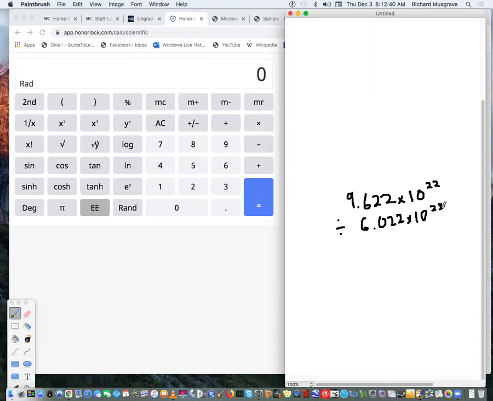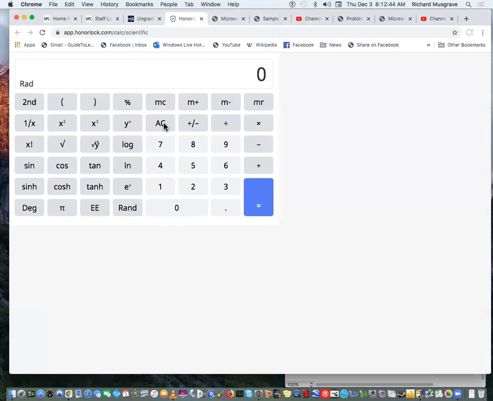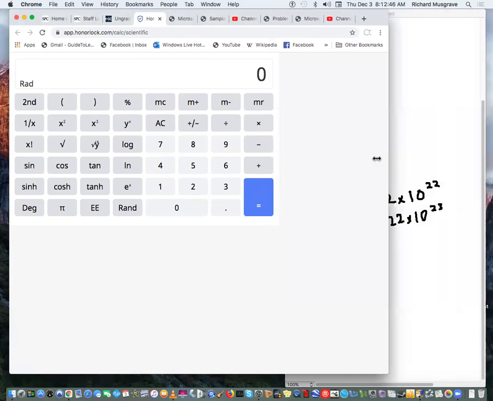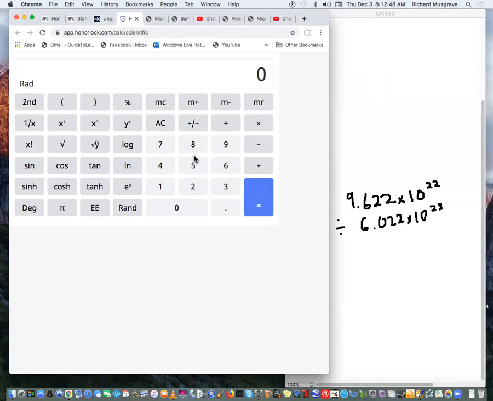Okay, so let's say it was that. The way you do it, I'm going to clear this out. 6.022 EE 23, then divided by 6.022 EE 23. I think I did 23 here, but it doesn't matter. That's how you end up with the number.